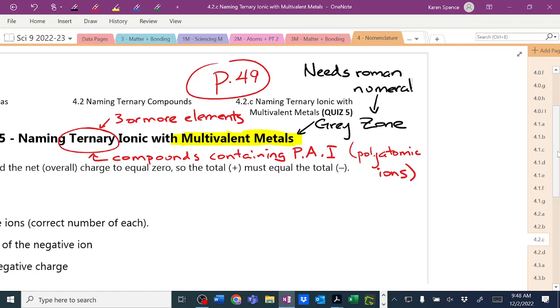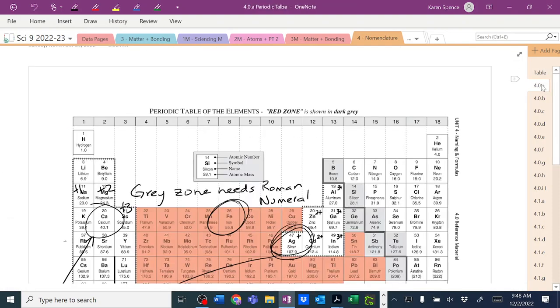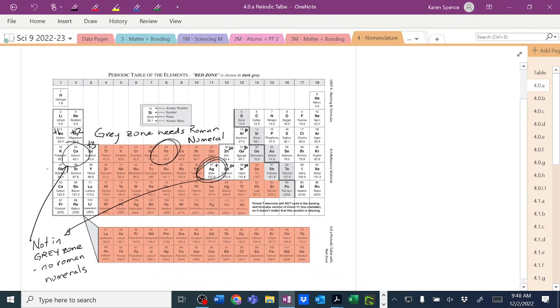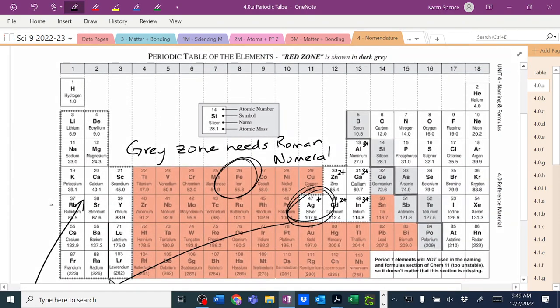Now I'm just going to go to our periodic table for a quick moment, because there have been some people who've been away for a while. Just to remind you where the gray zone is. Here it's red, okay, but here it's gray. So anything where you know the charges already, we know that groups 1, 2, and 3 are +1, +2, and +3.